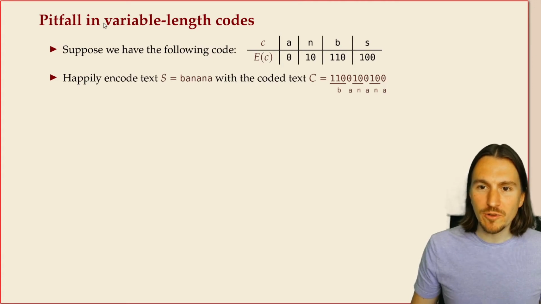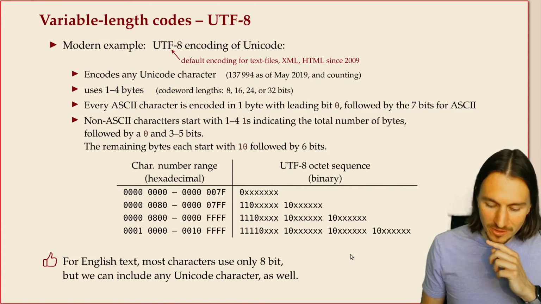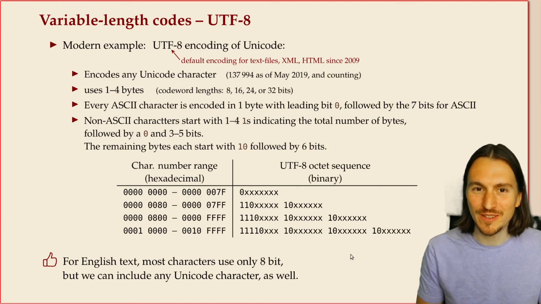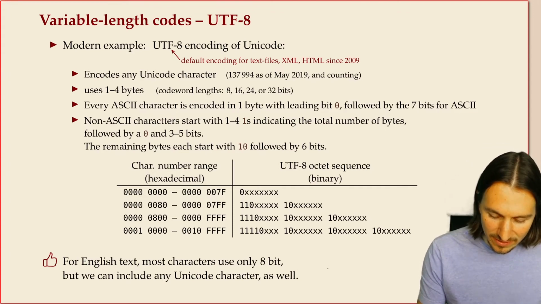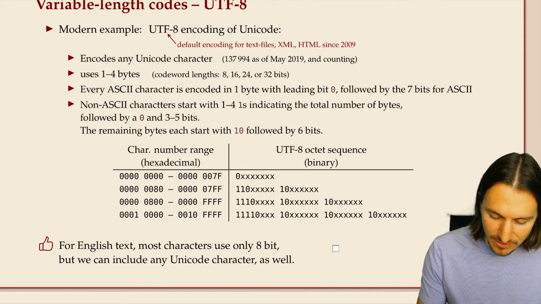Now, what can go wrong with variable length codes? Maybe one remark here that is in order. If you have a UTF-8 encoded text file, you can no longer easily get random access to it.